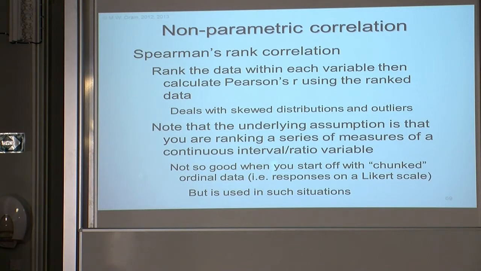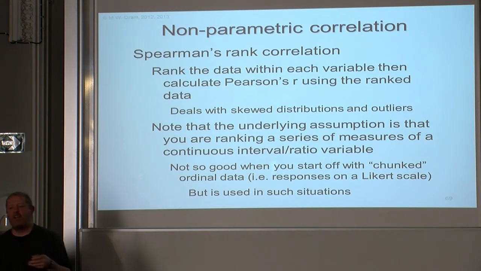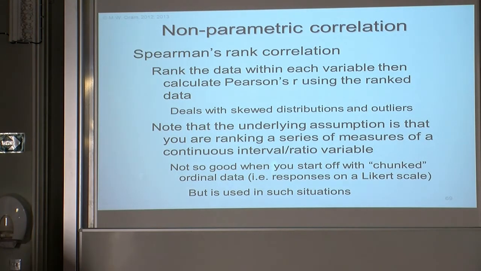Okay, so Spearman's, which you've come across in the first year: you rank the data within each variable and then perform a Pearson's correlation coefficient on the ranked data. And it's a very good way of dealing with skewed distributions and outliers. Okay, but for data collected on a continuous scale.